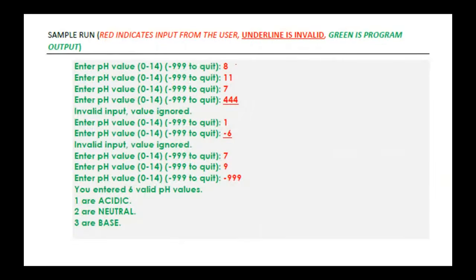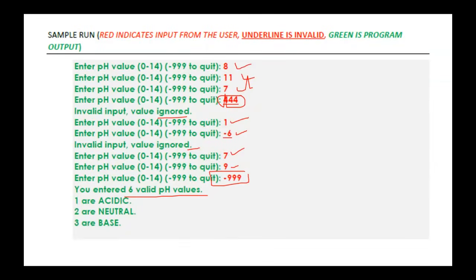Let's see sample run. See here, 8, 11, 7. Now this is invalid. You just ignore it. Here say ignored. 1 is valid. -6 is invalid. 7, 9, and now there is a sentinel, -999. So you only quit on this value.